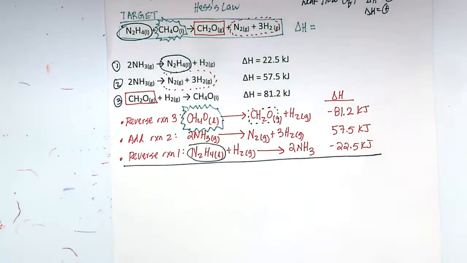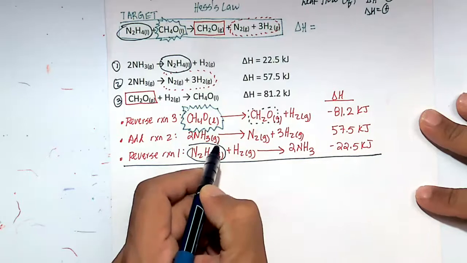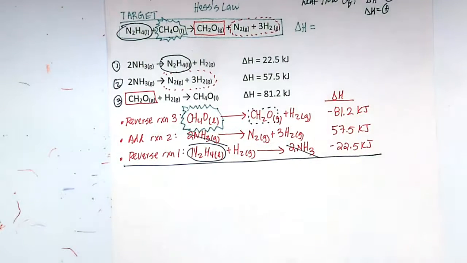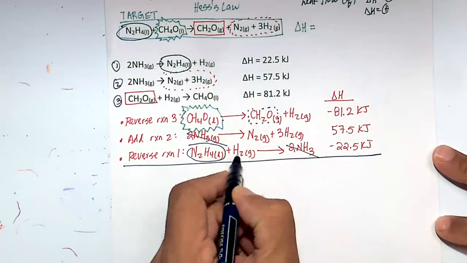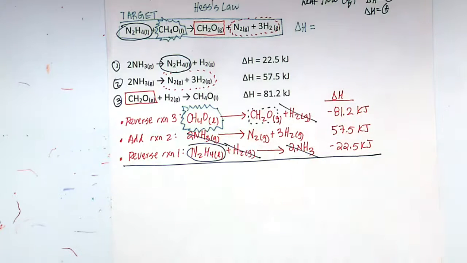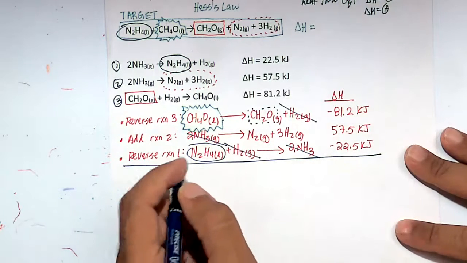So something like this is also on quiz 3. All right, so doing all of this, something very nice happens if you follow my blue pen. The 2NH3 gas cancels with the 2NH3 gas. The H2 here, you guys see this? The H2 here cancels out with the H2 there. And let's write what we have. I think I canceled out everything.